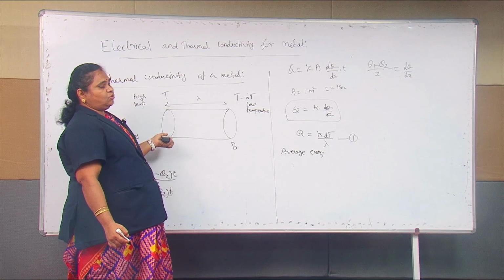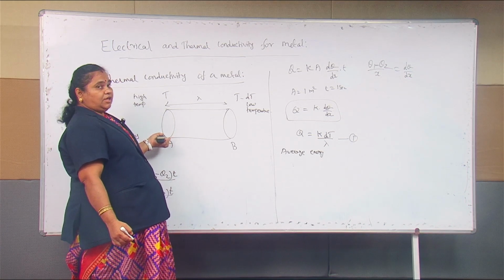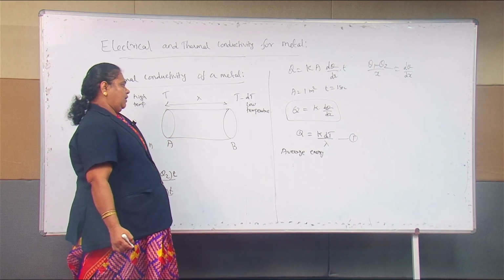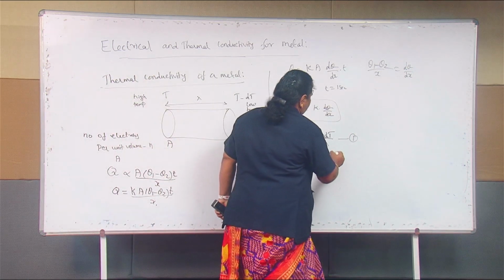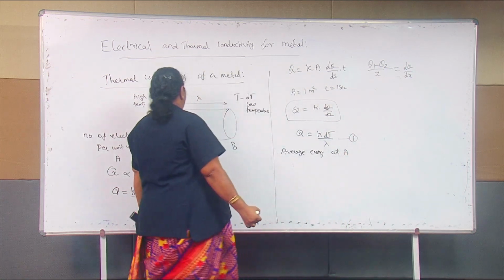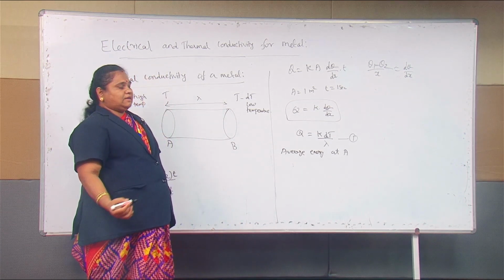So what happens due to that motion? What is the average energy acquired by an electron when it is at A? Energy here means kinetic energy.